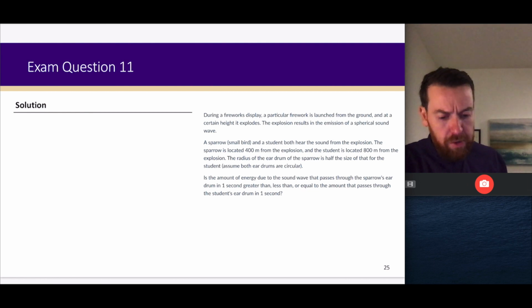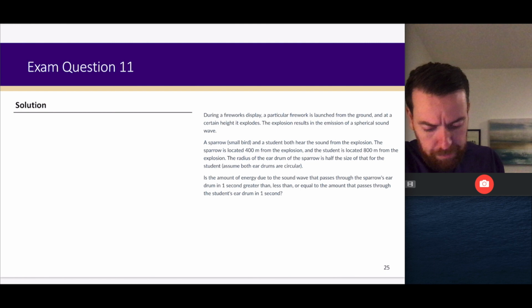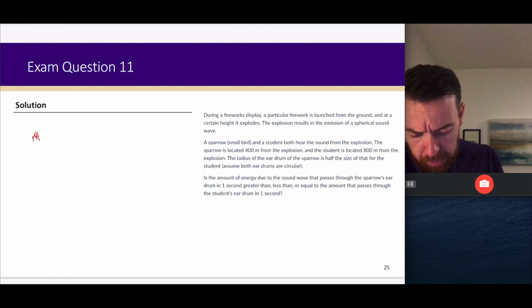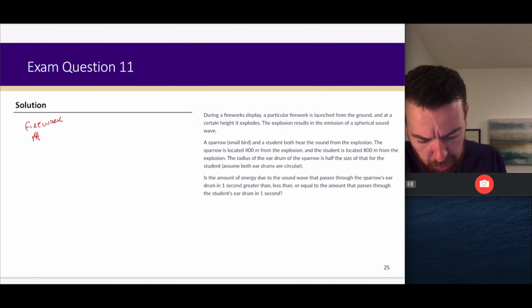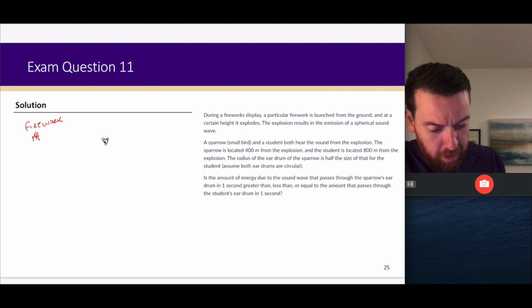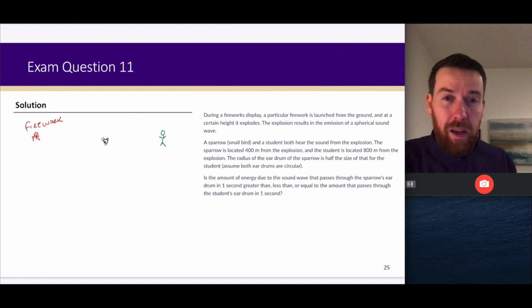So let's draw maybe a quick picture here. Let's say this is the firework. Okay, my attempt at drawing a small bird will be really bad. Hopefully you can forgive me for that. And a person. Now we've got two distances here, two radii.